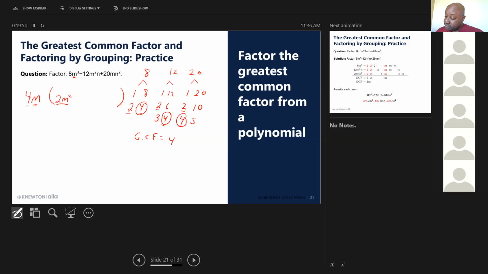Now for my next term, the minus 12m squared times n, I bring down my minus sign. And then I ask, well, 4 times what number will give me 12? That's 3. M times what will give me m squared? Well, just m. And now I just bring down my n. And bring down my plus sign for this third term.